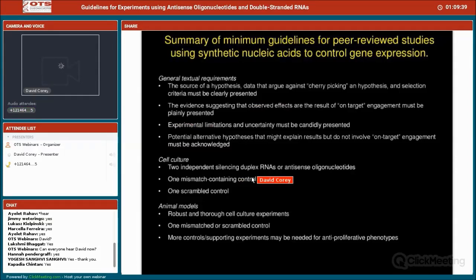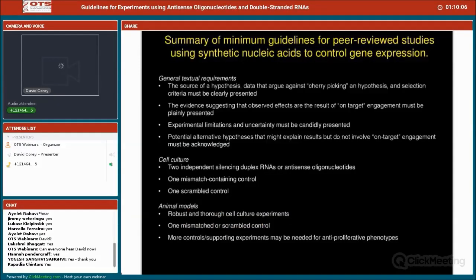For cell culture, what I would propose as minimum controls is two independent silencing duplex RNAs or antisense oligonucleotides for a target, one mismatch control, one scrambled control. Those may not be the ideal controls. There may be better ones, but those would be the absolute minimum that one would need for an experiment aiming to modulate gene expression.